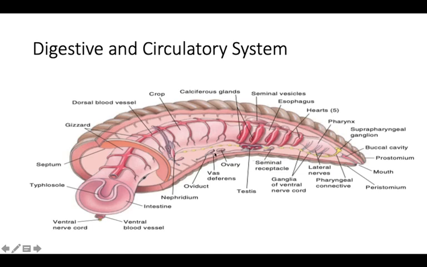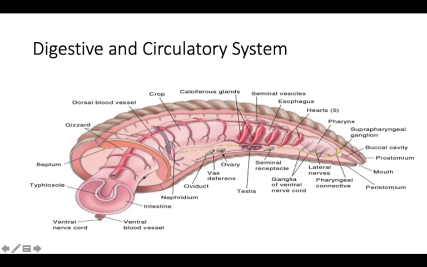These are monoecious organisms. Monoecious means they contain both sexes, so they contain ovaries, as you can see over here, and they also contain testes. From the testes, sperm is secreted through the vasa deferentia. Ovaries pass on their ova through oviducts. Since they are monoecious, they represent both male and female.